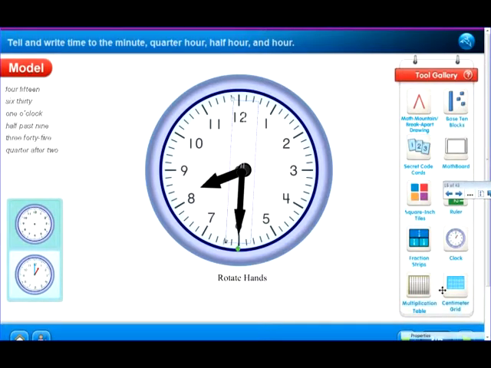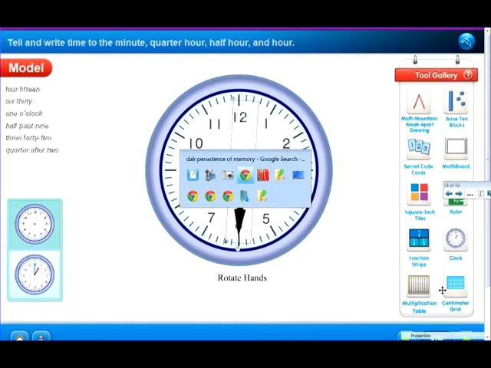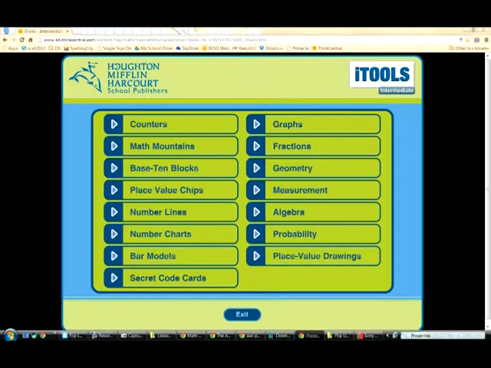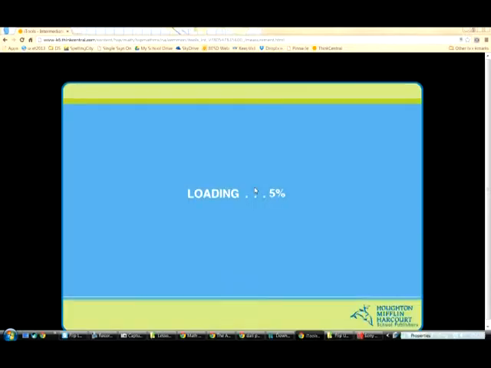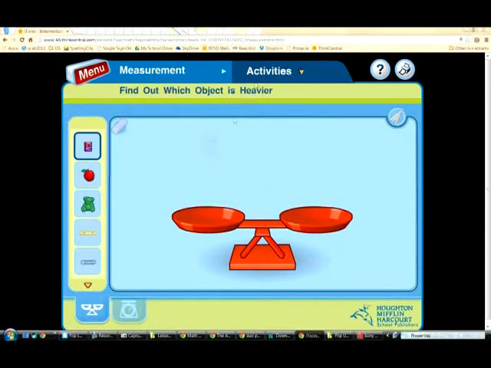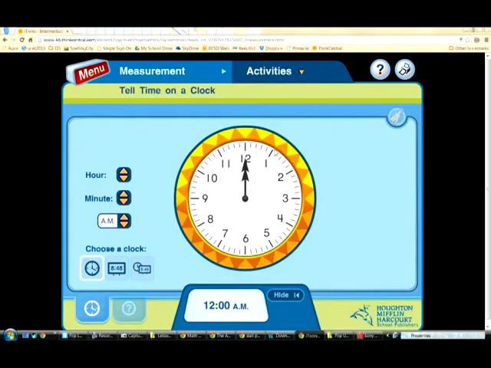Now, I want to give you an assignment because right here we have our iTools. And if we go to measurement, I want you to be able to share with someone how you describe one way to find time. So we want time, and I want you to show somebody how time works.